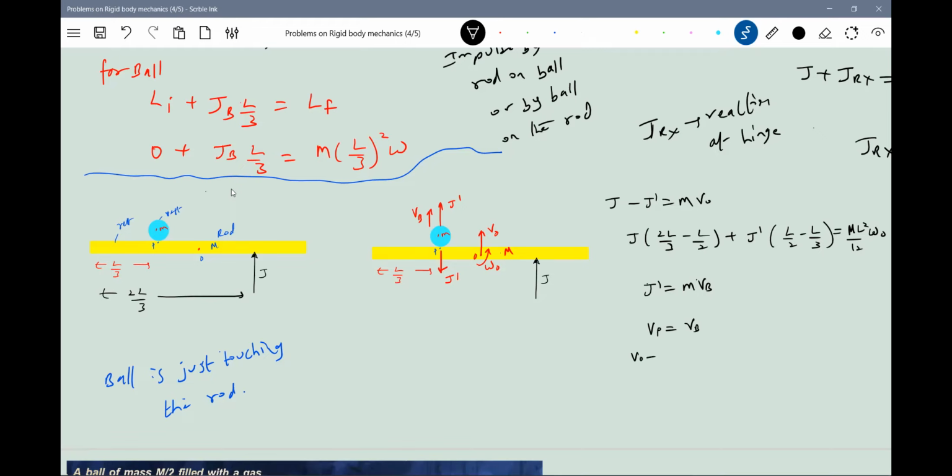V naught minus distance, which will be L by 2 minus L by 3, omega naught, equal to V B. Now we can solve this. And the methodology: there will be impulse. What is this J dash? It is the impulse due to normal contact between the rod and the ball.